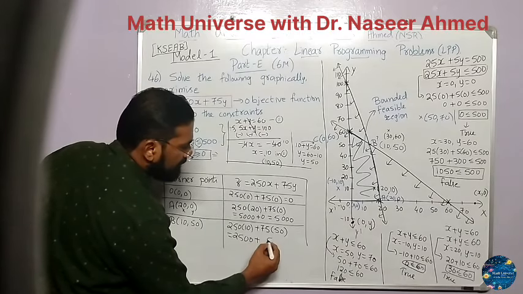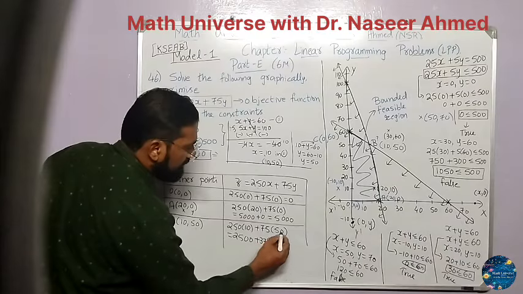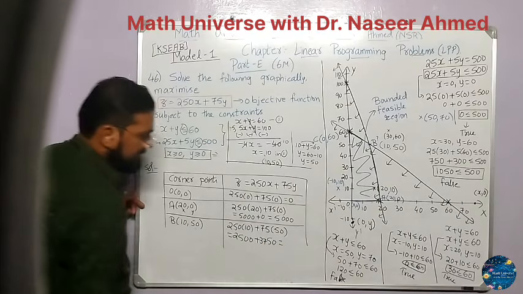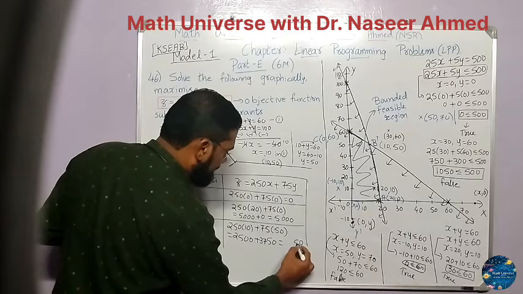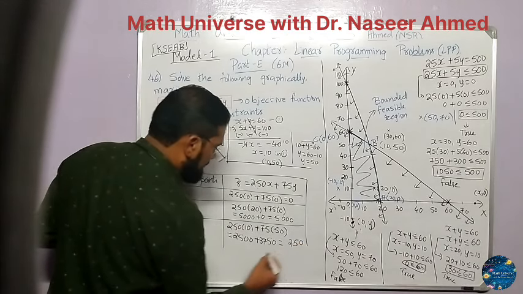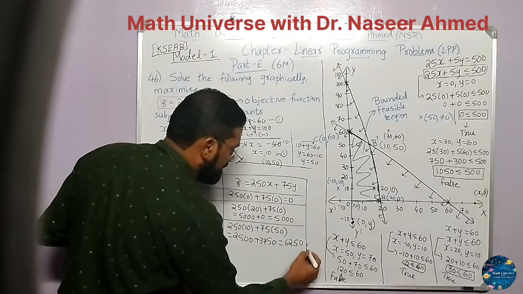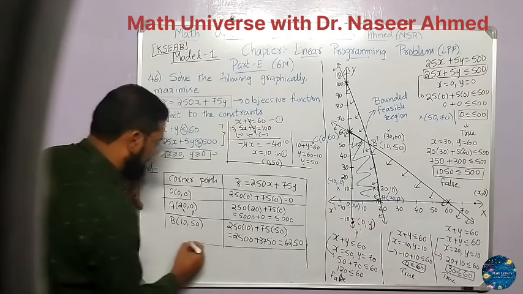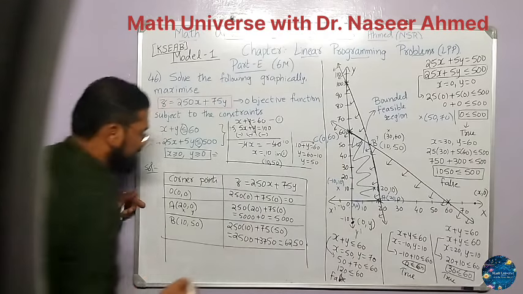Then 5 into 5 is 25, borrow 2, 5 plus 35, 36, 37, and we have a 0. Add this, 5 plus 0 is 5, 7, so it will be 12, then 3, 6, 6250.